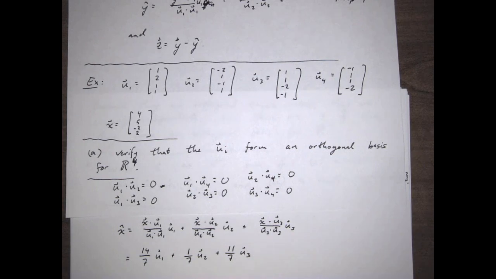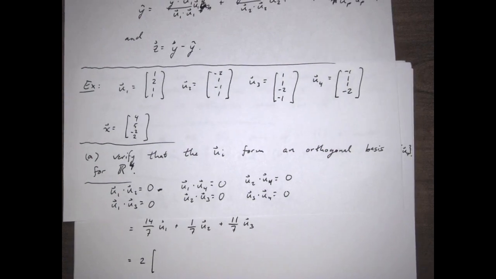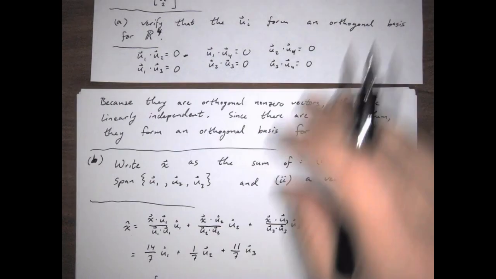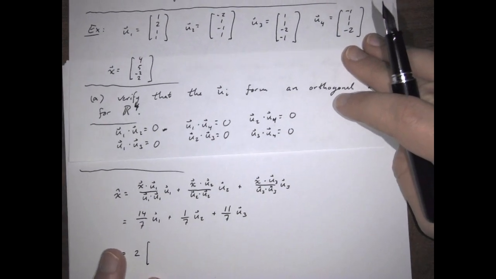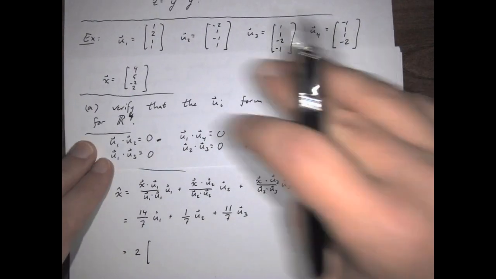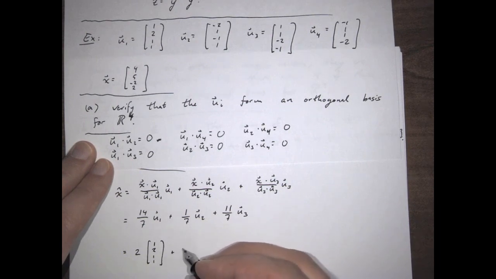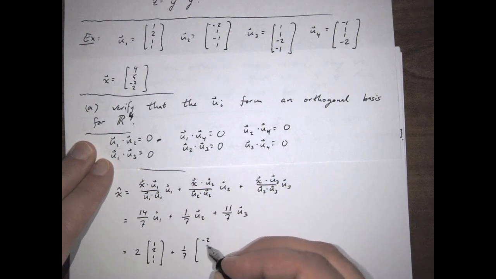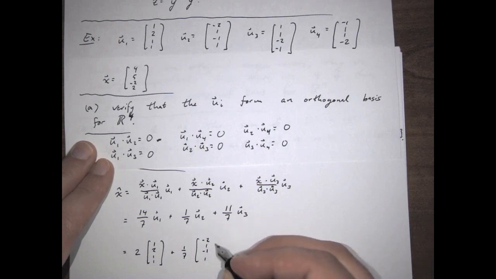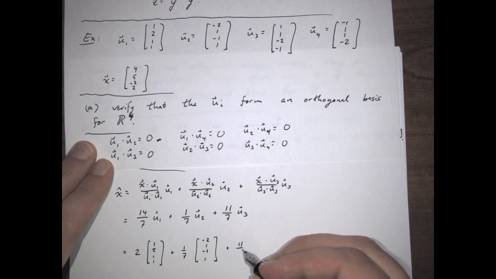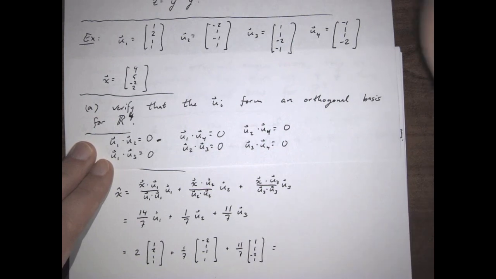So looking at this, what we've got here is going to be 2 times u1, 1, 2, 1, 1, plus 1/7 times u2, negative 2, 1, negative 1, 1, plus 11/7 times u3, which is 1, 1, negative 2, 1, which is going to equal, and now we just crunch the numbers.